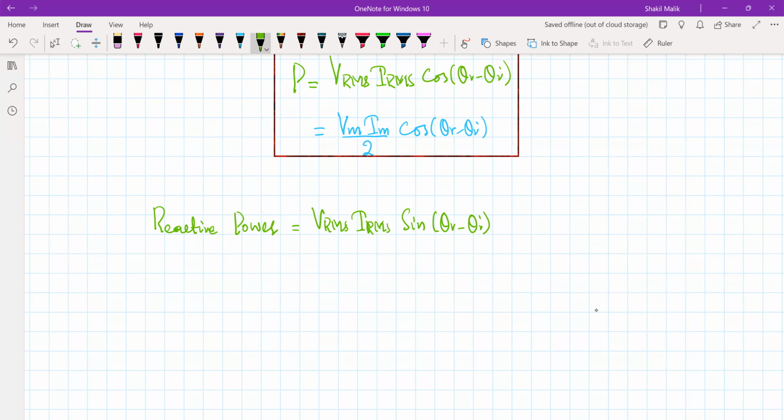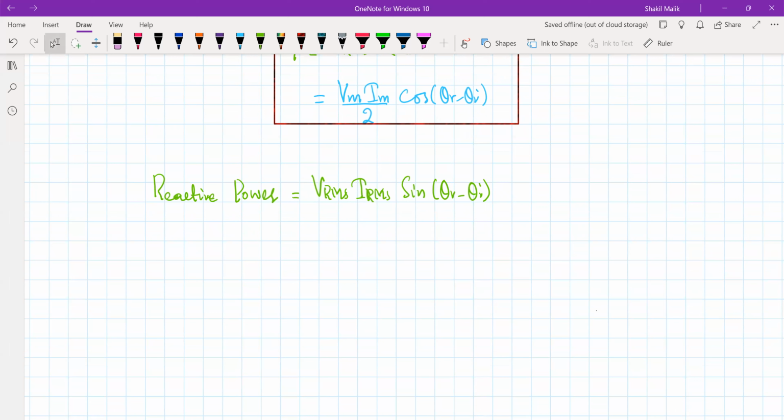Okay, so this is how I define this reactive power. It is denoted by the capital letter Q. So Q is simply VRMS IRMS sine of theta v minus theta i.